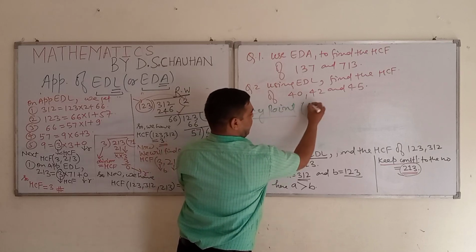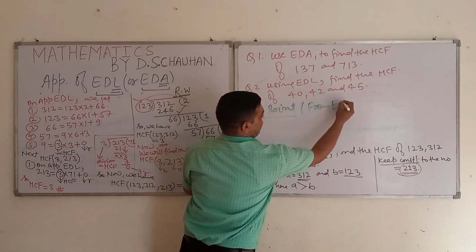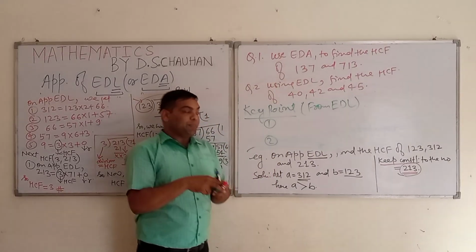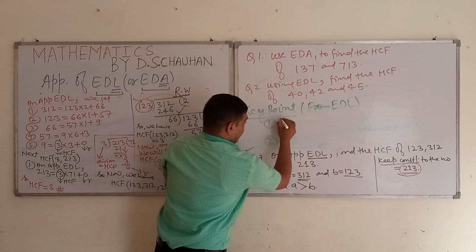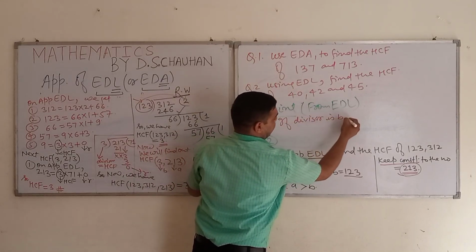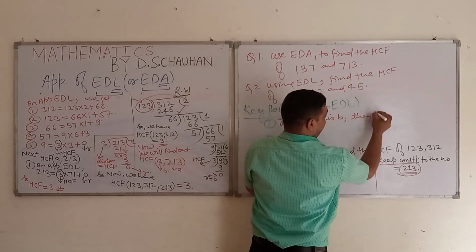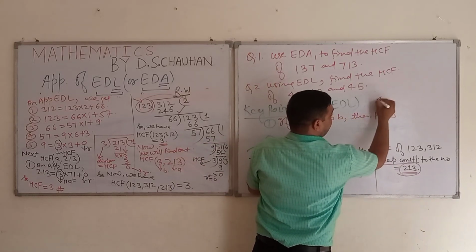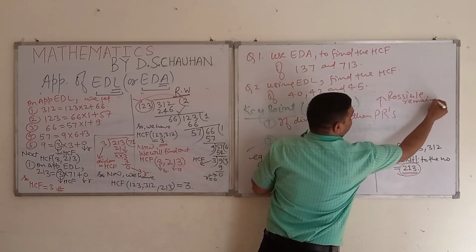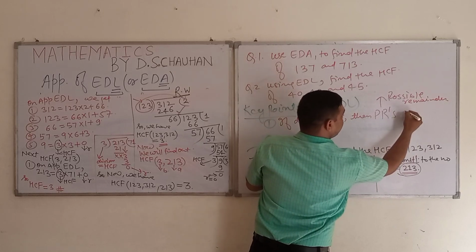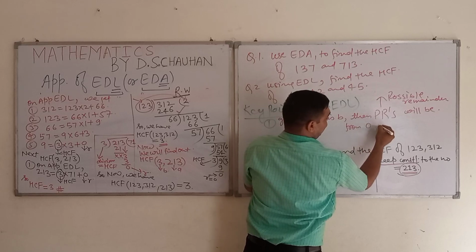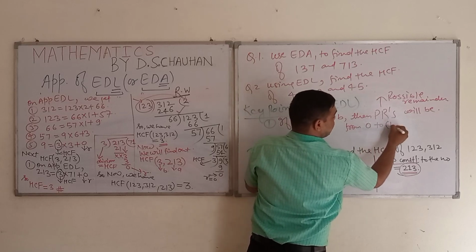Okay, students, one thing I want to tell you here, key points from Euclid division lemma. Point number 1: if the divisor is B, then the possible remainders, PRs, stand for possible remainders, will be from 0 to B minus 1.